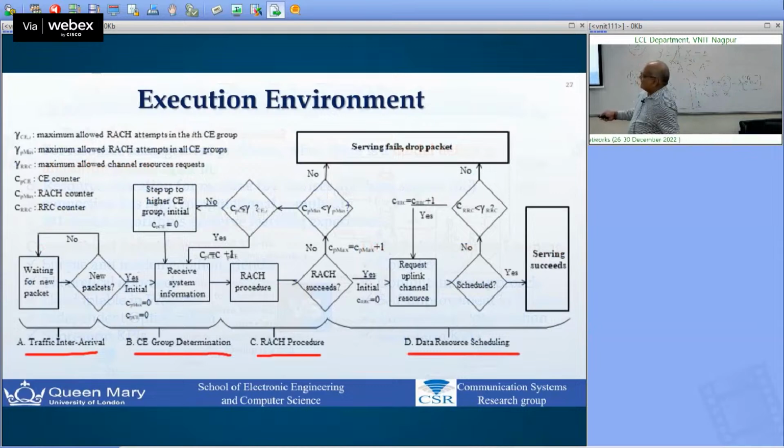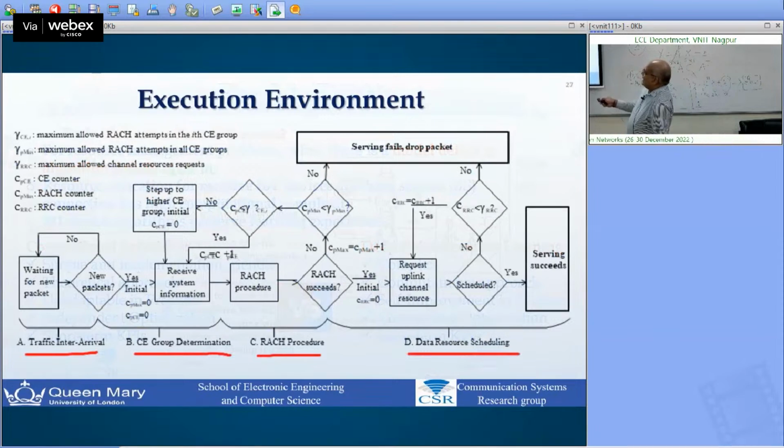Once the packet arrives, next is the group determination, whether blue or green or red. Once it determines the group, we are going to have the random access procedure. Once we establish the random access procedure, only if it succeeds, then the data transmission happens.